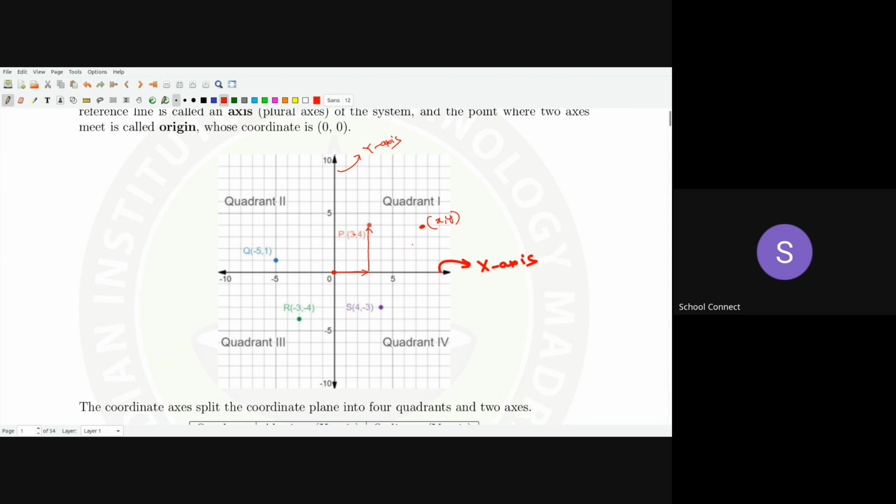Any point x comma y here has x greater than 0 and y greater than 0. If you choose any point in quadrant 2, the x coordinate will be negative and the y coordinate will be positive. In quadrant 3, both coordinates are negative. In quadrant 4, x will be positive and y will be negative.